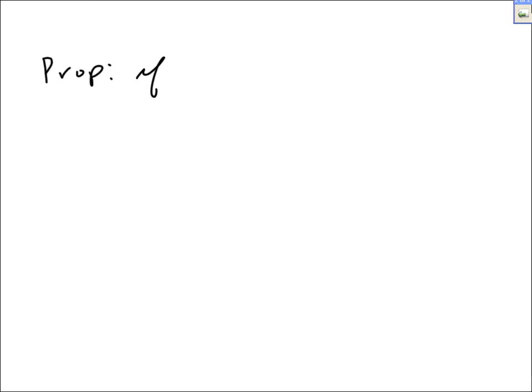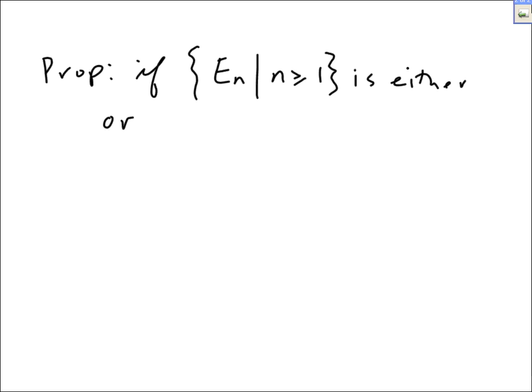Proposition: if the set of events En, where n is an integer and at least 1, is either increasing or decreasing. It doesn't matter in this proposition. Is either increasing or decreasing.